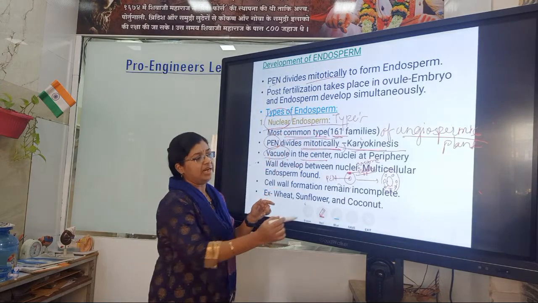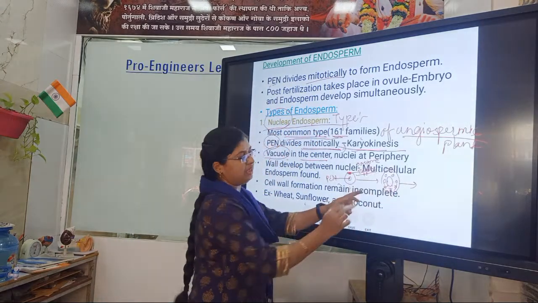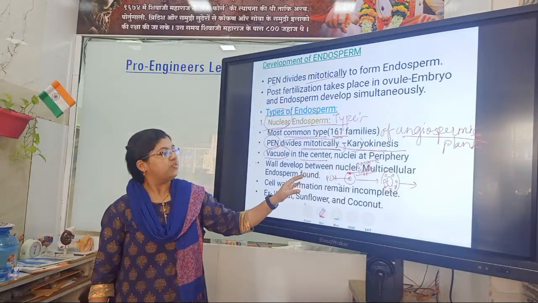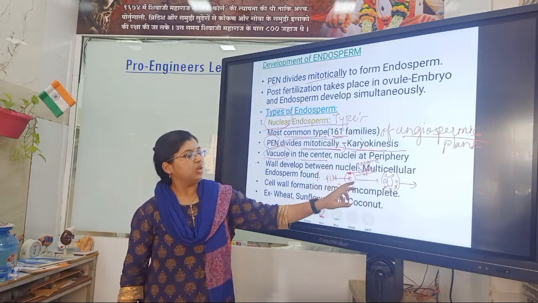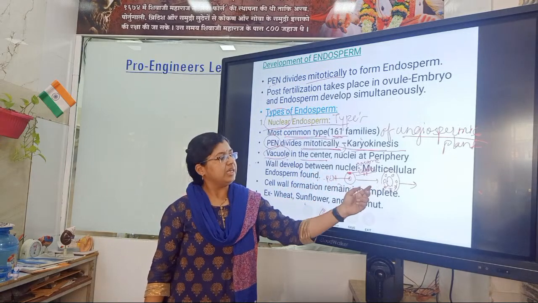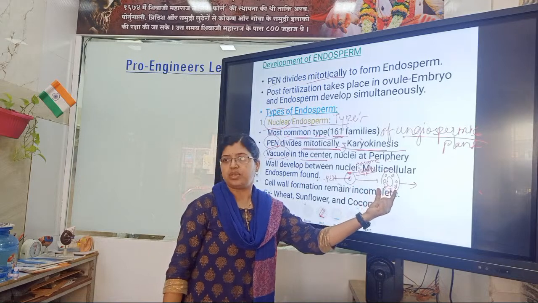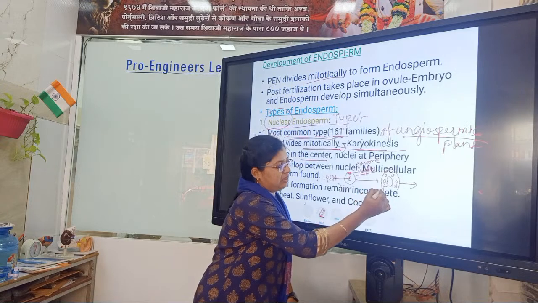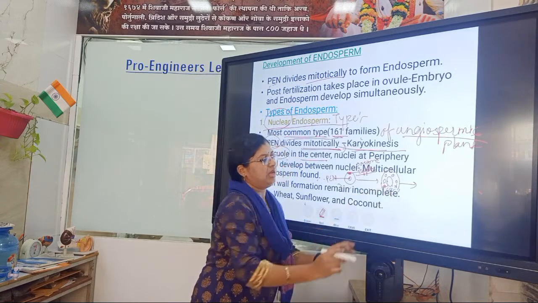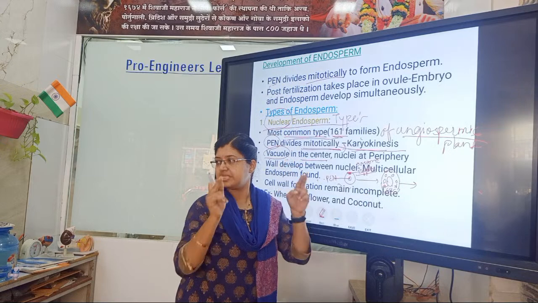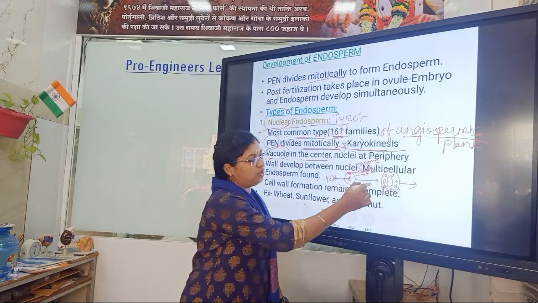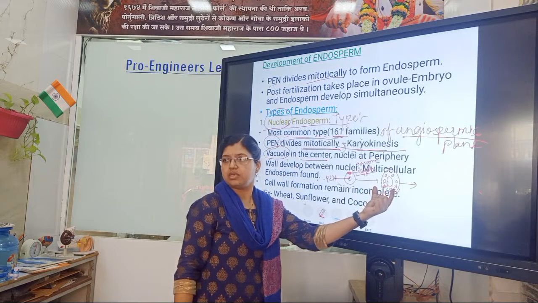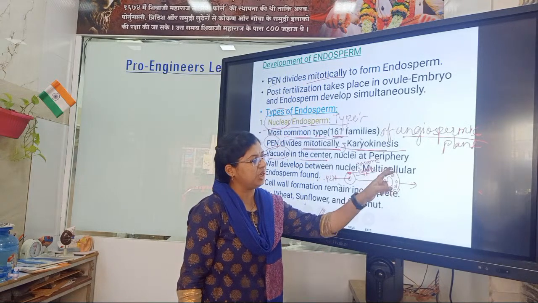And after that, wall formation develops. First, the PEN undergoes mitotic division. Then the free nuclei are formed. This is the free nuclei, and the vacuole is present in the center. The nuclei are arranged at the periphery.